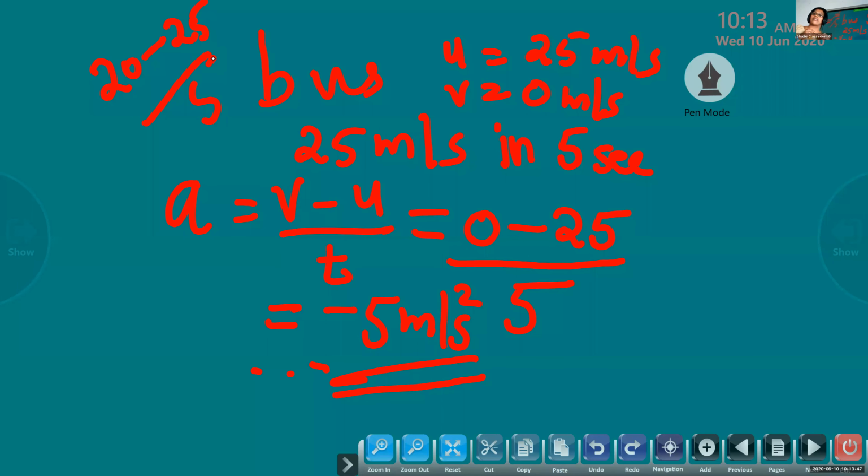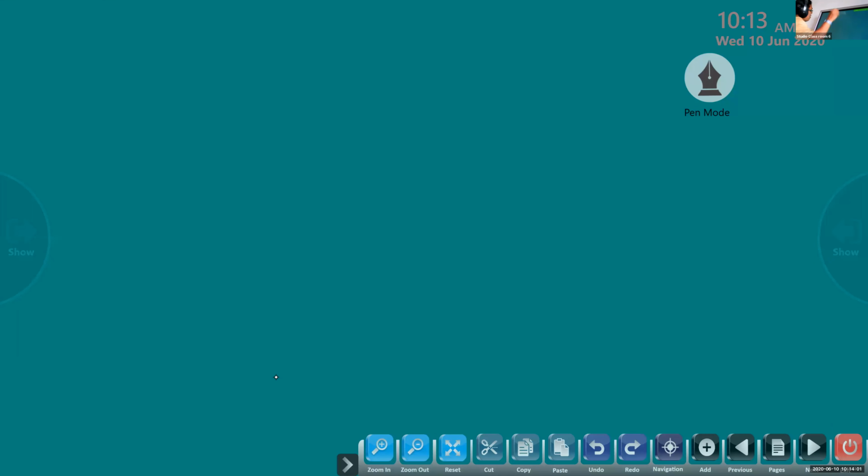Negative acceleration is also known as retardation. Another word is deceleration. This way also I can ask. In the textbook they use the word retardation. Another word for negative acceleration: retardation, then deceleration.